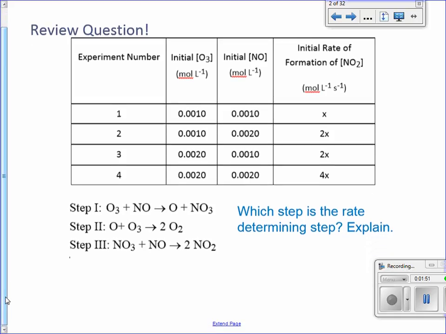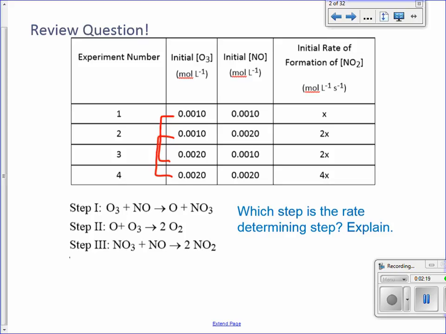We're looking here, what experiments can we use for ozone? You can use 1 and 3, definitely. And yes, you could have also used 2 and 4. You could have done either, because the other reactant is not changing in either of those cases.